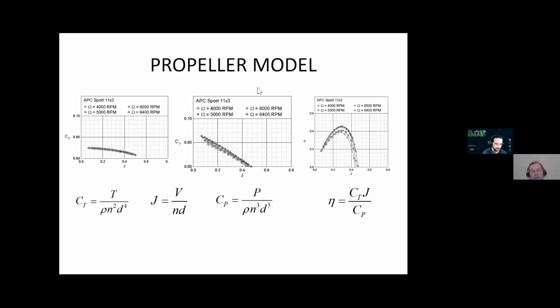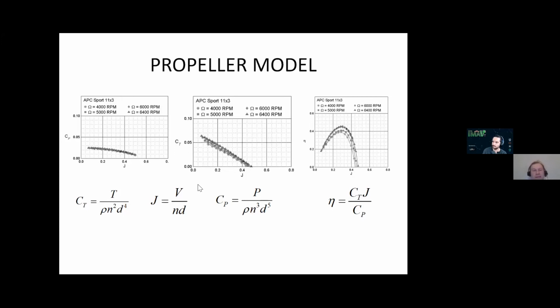Typical graphs are shown here, and for such propellers there is no flow separation on the blades down to zero values of J. So let's discuss only this type of propellers.